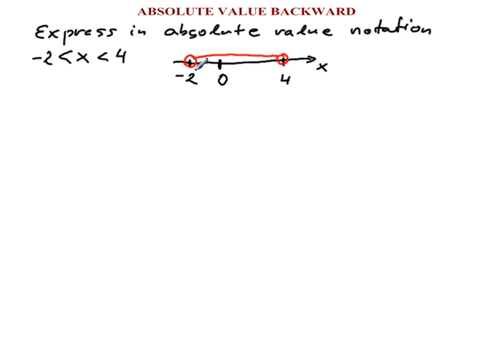So this is the little diagram representing a number line where you have -2 and 4 marked, and the domain here is in between -2 and 4.